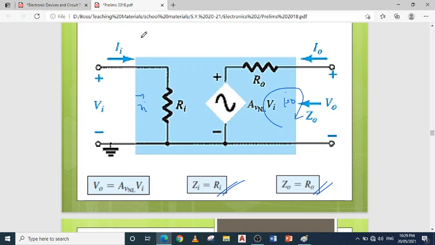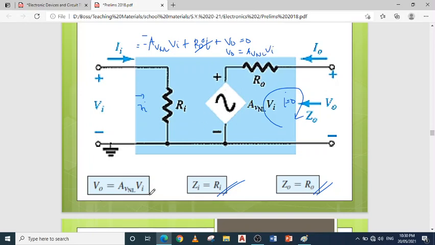So, we have negative AVNL VI, plus RO times the current I, then plus VO, equal to 0. Since the current is 0 because it is open, and we haven't connected RL yet, VO is equal to AVNL times VI.